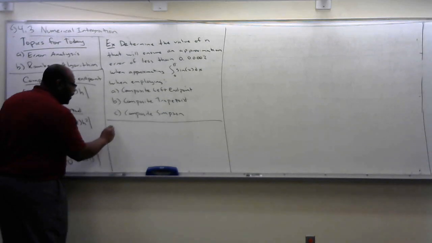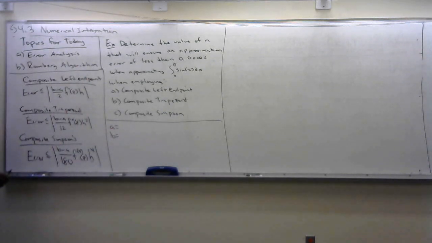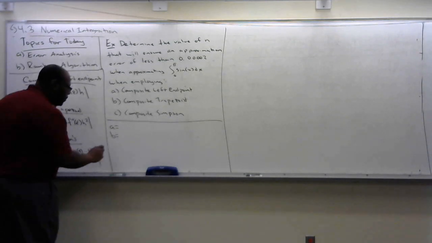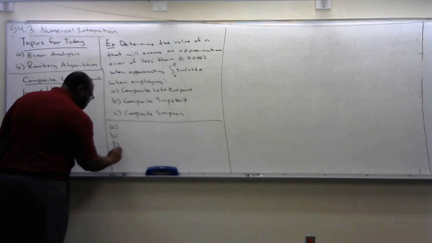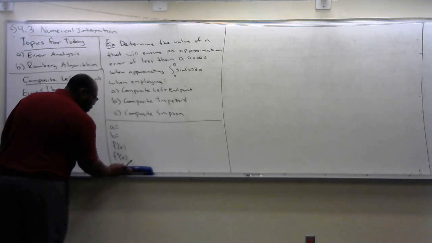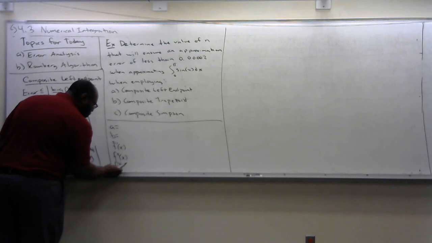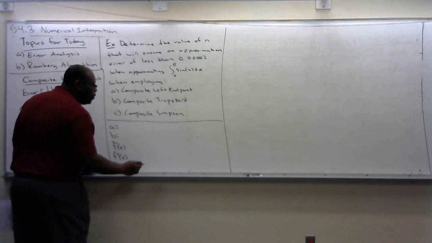I need to know what a is, b, and what else do I need to know? f prime, f double prime of x, and also f triple prime of x, because I need the fourth derivative of x. Well, I guess I need to know f triple prime to know the fourth derivative.